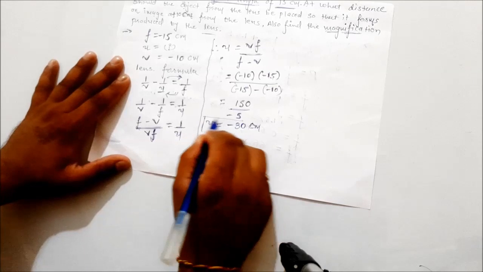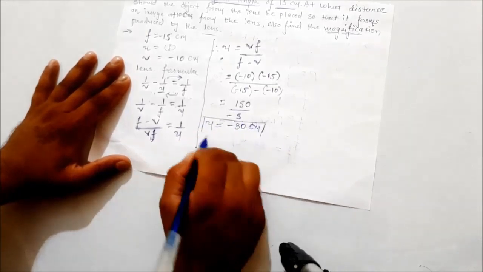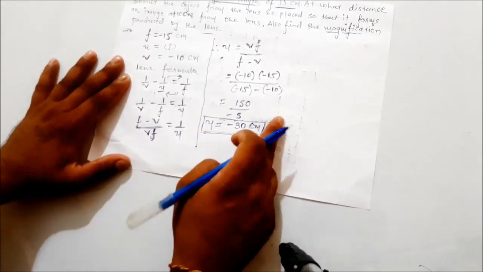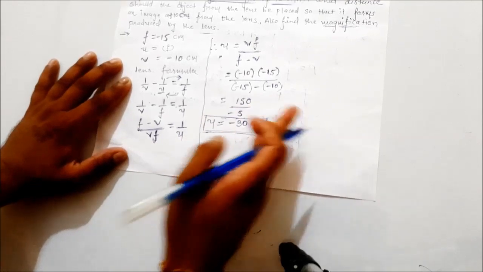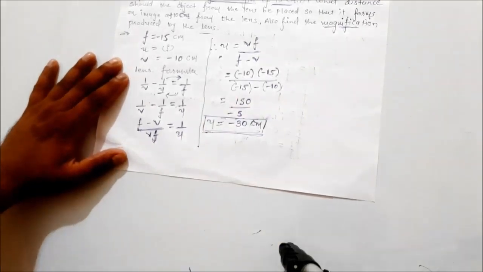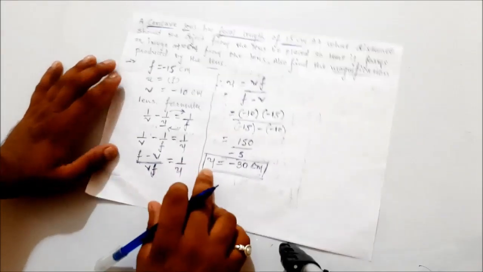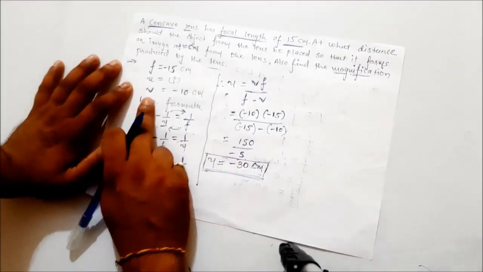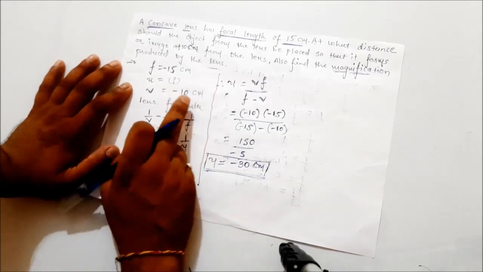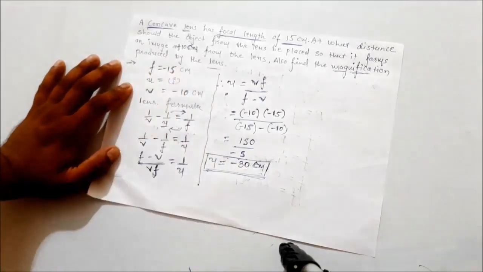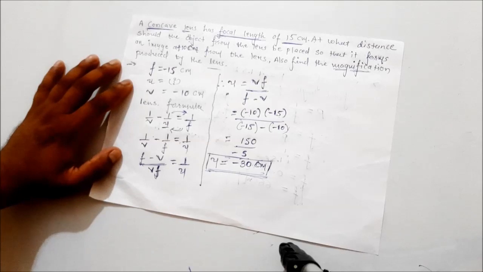So our object must be placed at 30 centimeter, and negative means at left side. If the object is placed 30 centimeter at left side, then we will get the image at left side at 10 centimeter if the focal length is 15 centimeter.